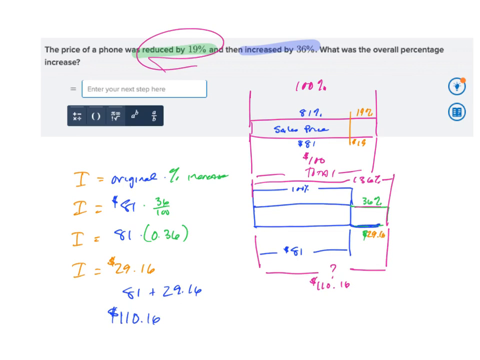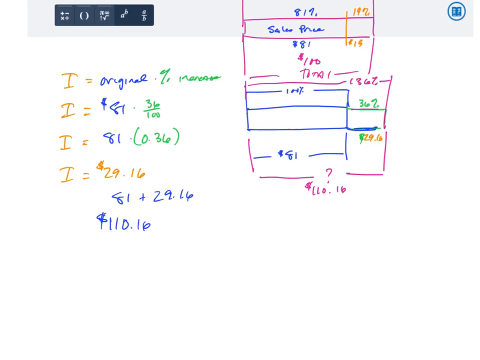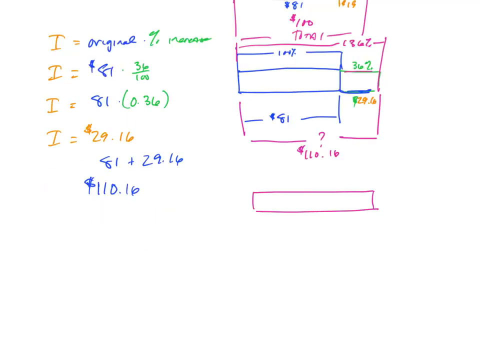Now the question is, how much overall percentage was that an increase? So this is really a deep problem, because now my question is, if my original was $100 and we increased that overall to be $110.16, then what percent increase was this?